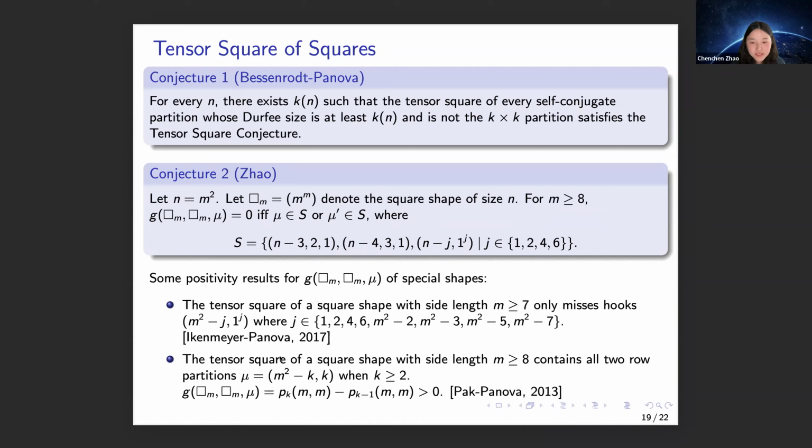And in 2013, Pak and Panova showed that the tensor square of a square shape with side length at least 8 contains all two-row partitions.